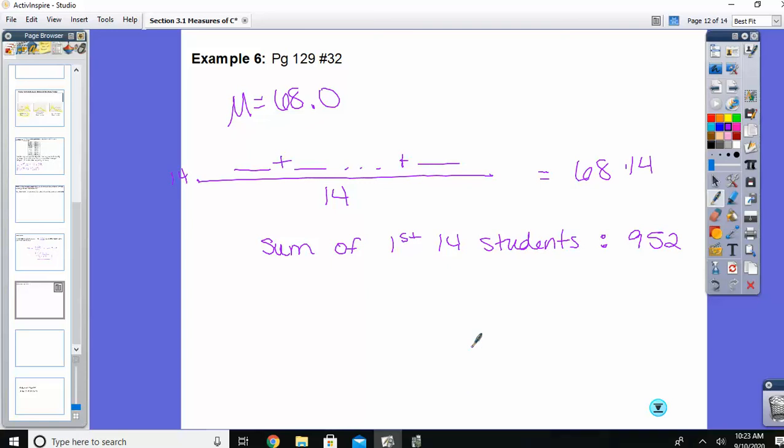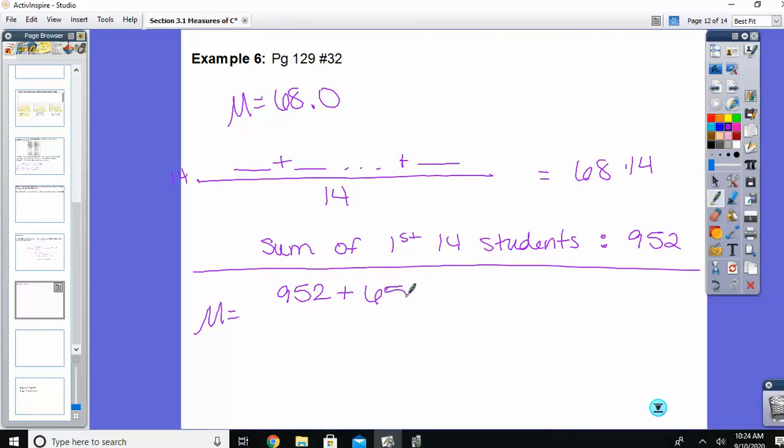So now to find the new average, he would add up all 15 students. But I know the first 14 of them add up to 952, plus the new student was 65 inches tall, and then I would divide by 15.